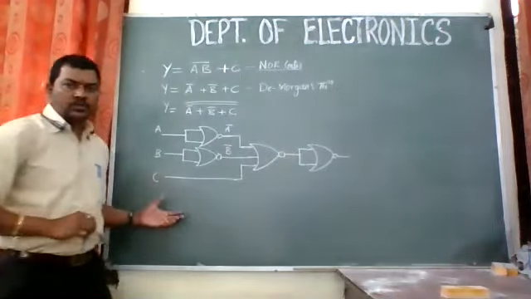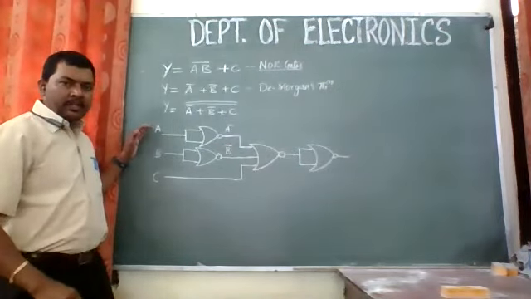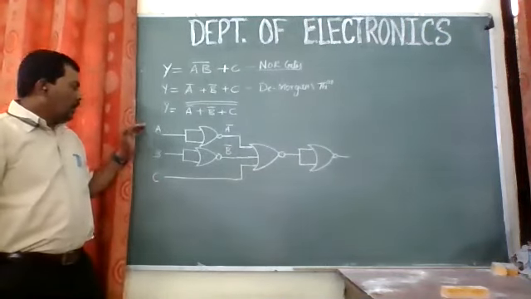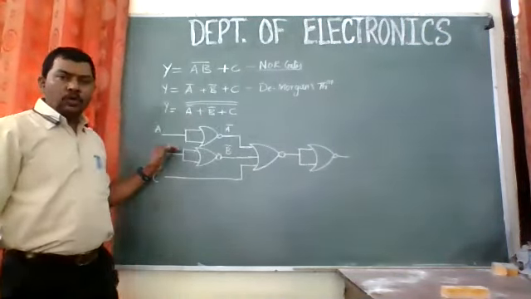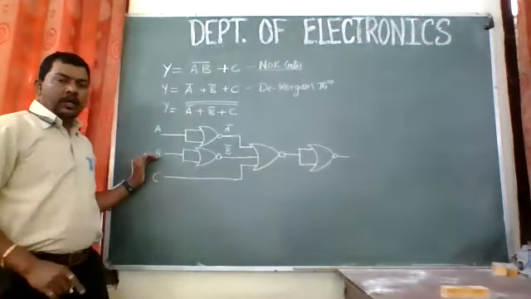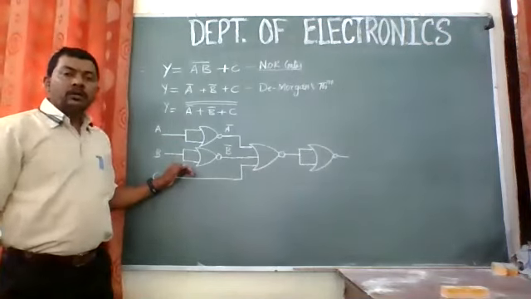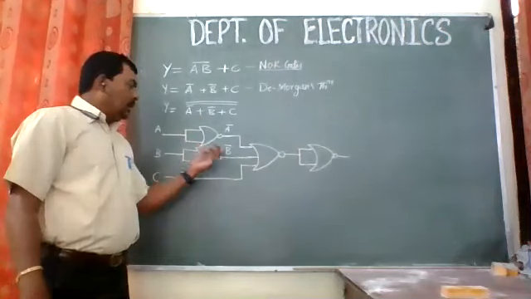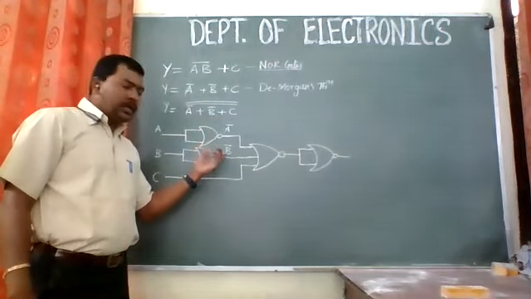I guess you have understood how I made this. I have taken three variables, A, B, and C, three lines. I have complemented A by using a NOT gate, which was made by NOR gate itself. I can again complement B by using another NOT gate made up of NOR gate. We get A complement and B complement.